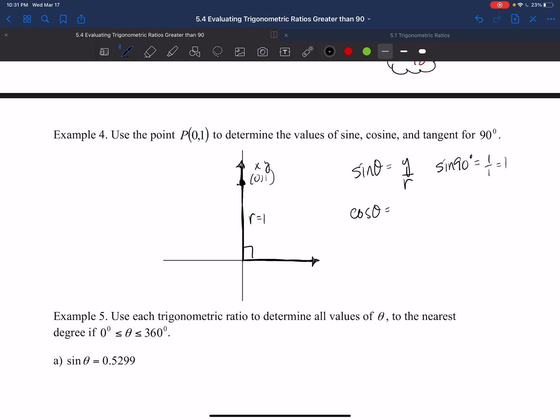Cos of theta in general is x over r. So the cos of 90 would be 0 over 1 or 0. And tan theta is y over x.